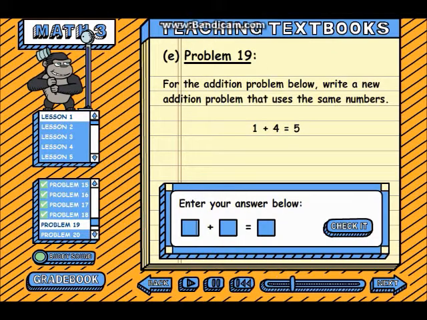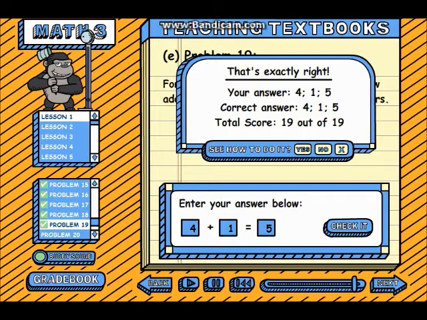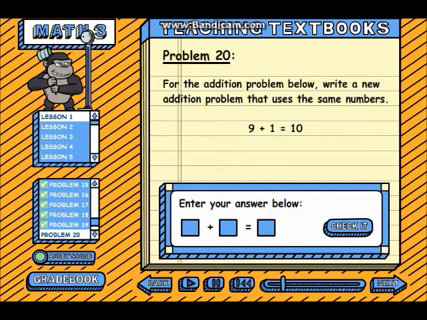For this one, you need to write a new addition problem that uses the same numbers as 1 plus 4 equals 5. Bingo. On this one, write a new addition problem that uses the same numbers as 9 plus 1 equals 10.